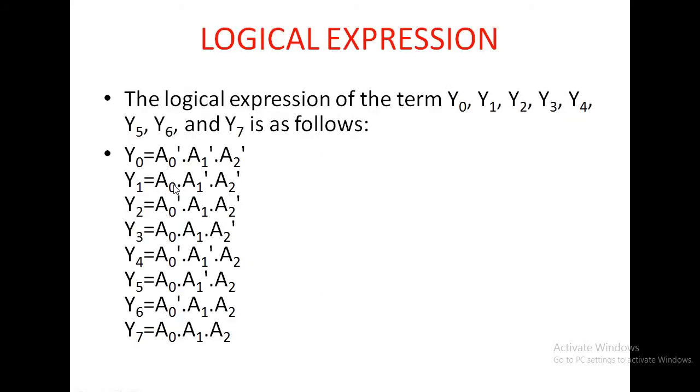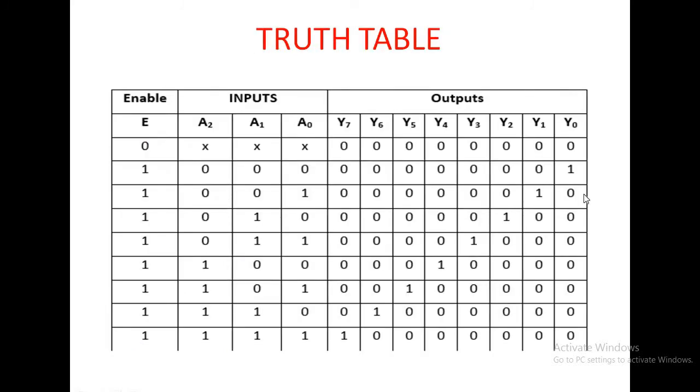Y1 is equal to A0 into A1 prime into A2 prime. This is Y1, A2 prime, A1 prime, A0. And for Y3, A2 prime, A1, A0. Okay, 0 means prime. Y4 is equal to A2, A1 prime, A0 prime. Y5 is equal to A2, A1 prime, A0.